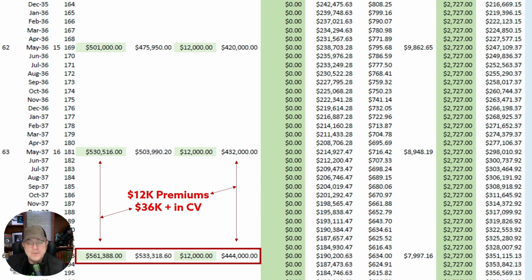The cash value grew $36,000 that year, which is not taxable income, by the way, because it is policy growth. The money stays inside the policy. You borrow against the policy. It's a policy loan, and the IRS does not tax loans. So between the cash value growth and the cash value recapturing of your $2,727 a month, you've got an increase of $52,000 that 1 year.